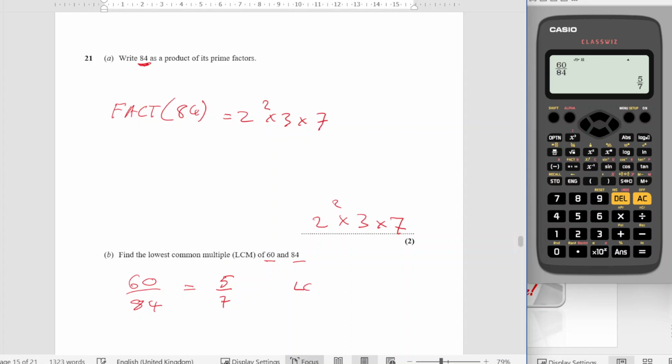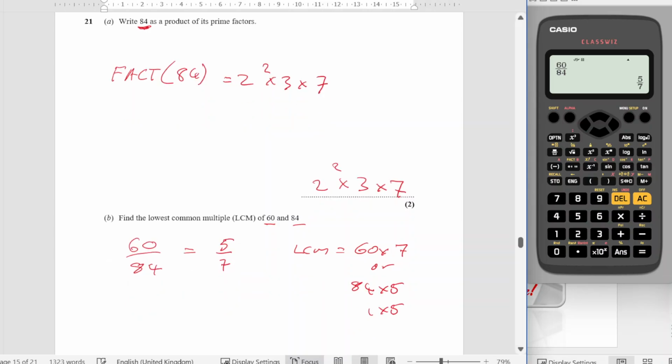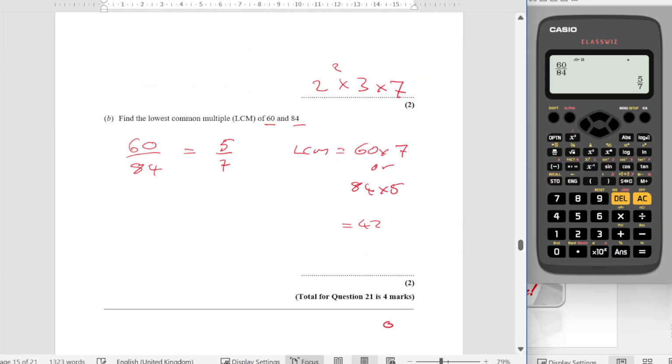So the lowest common multiple can be found by numerator times denominator. So it's going to be 60 times 7, or 84 times 5. They'll each give you the same value, 420. So that's just a couple of little shortcuts you can take with your calculator.